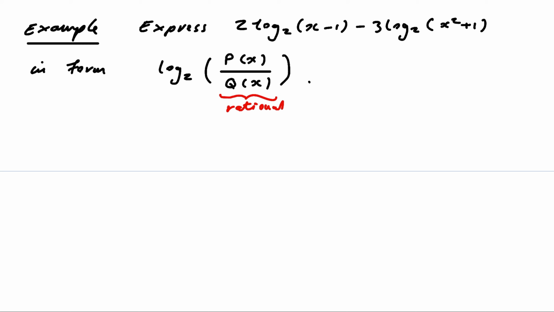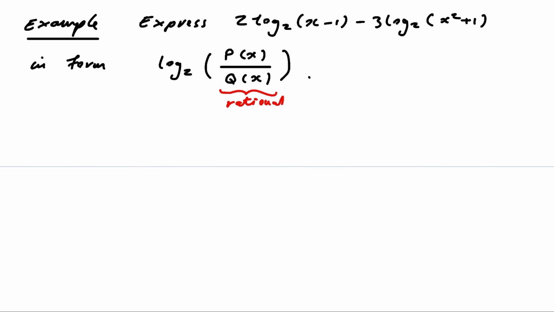Perhaps as it stands, you can't work out what's going on with this function. You need to manipulate it to put it into this format. So first of all, let's do our laws of logs backwards. Here, I can see there's a 2 at the front, and I can bring that inside the bracket as a square.